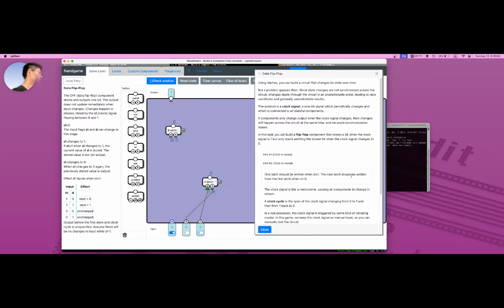The next latch should be written from the first latch when clock is 0.